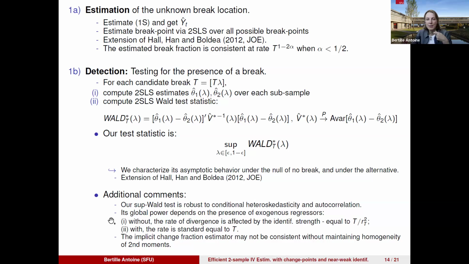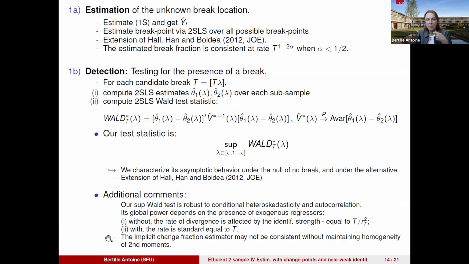What is interesting maybe to mention is that the power properties depend on whether there are exogenous regressors or not. Maybe not surprising for those of you who are familiar with the framework. When there are exogenous regressors, you get the fastest rate of divergence, T, and when you do not have that, the rate of divergence depends on the identification strength, and it's a slower rate.